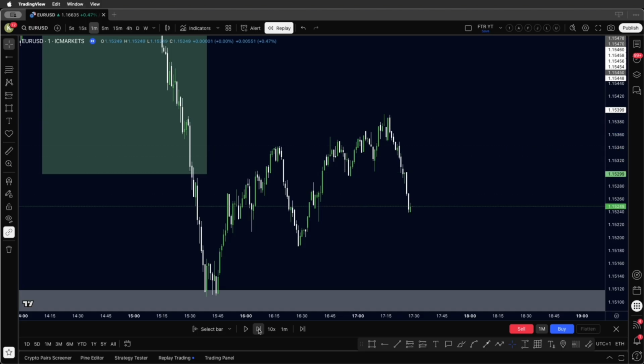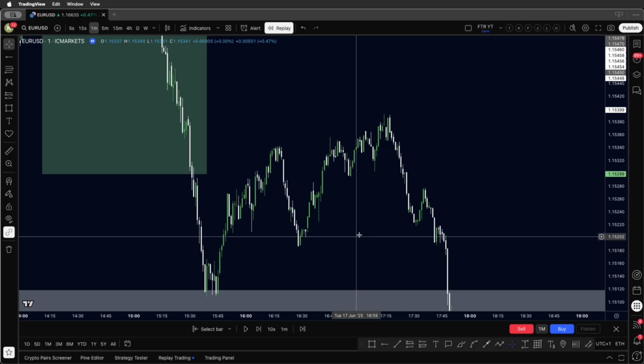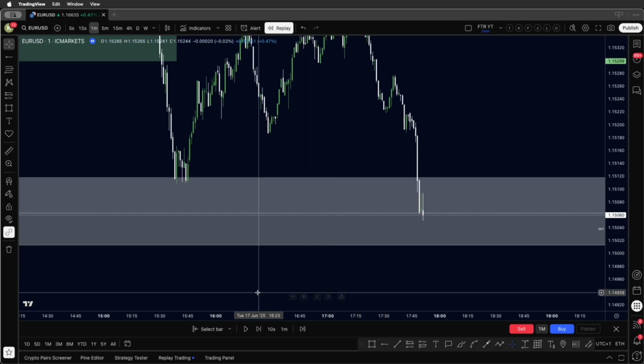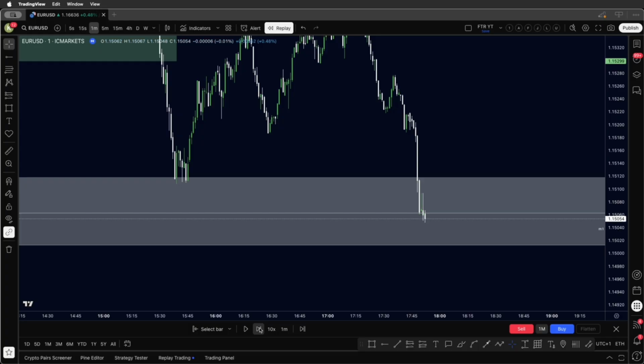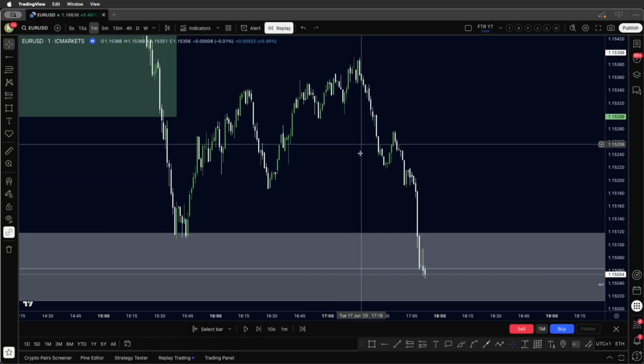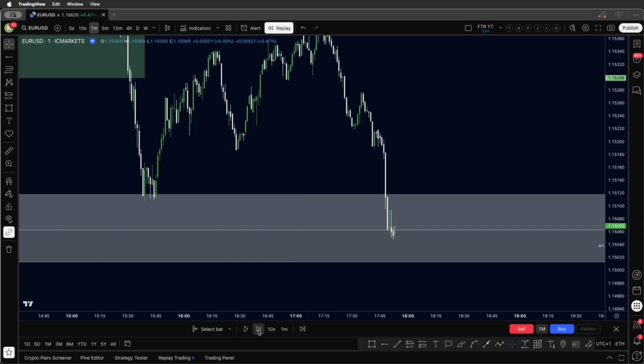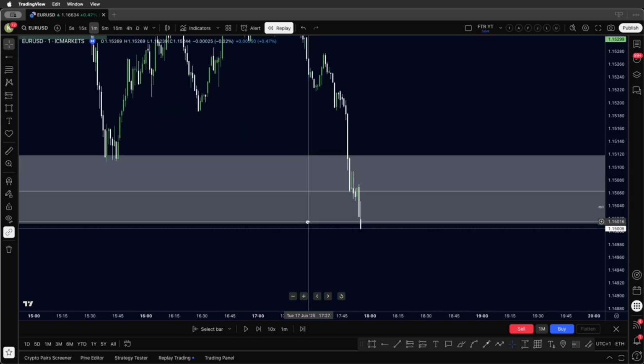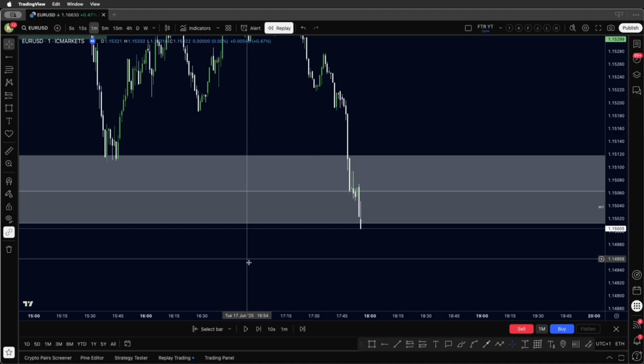It's not a solid M15, and there's no reason really. Oh, here we go. Shame really, because that's a bit of a move. Oh, anyway, broken straight through.